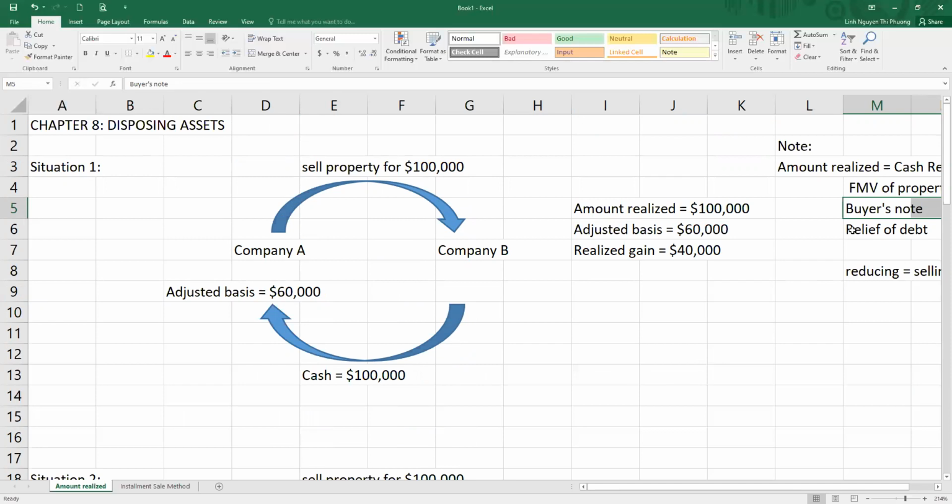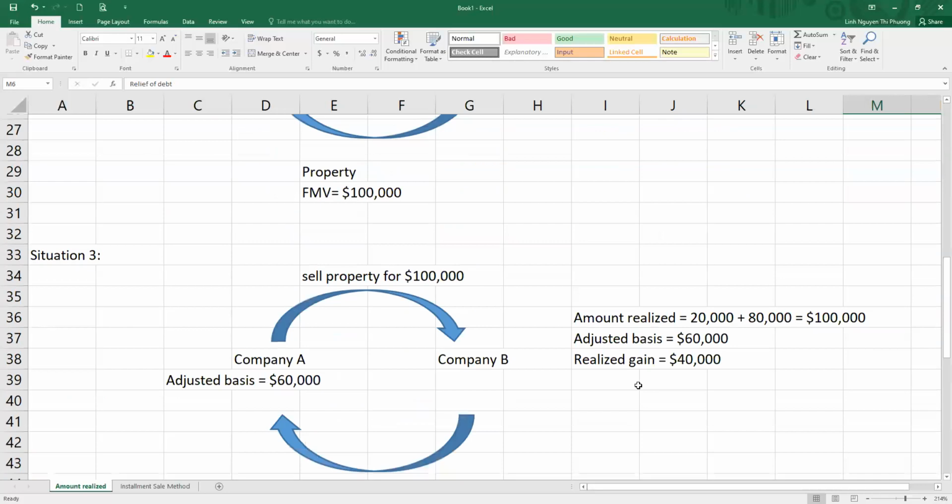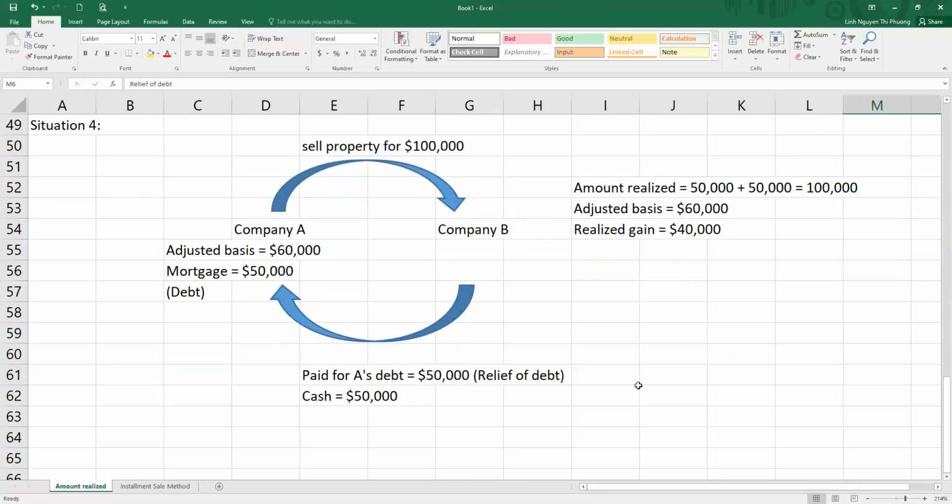Now let's look at the fourth situation, when the amount realized also includes the relief of debt. Company A sells a property to company B for 100,000.